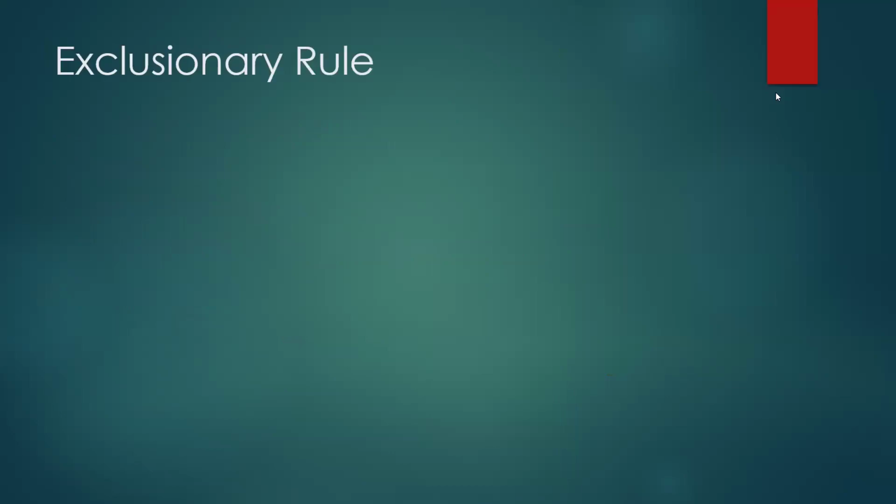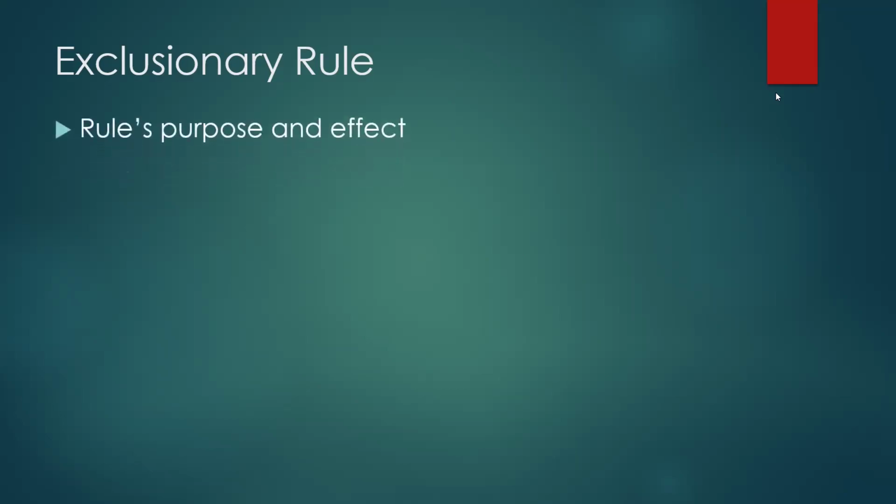We start out by talking a bit about the way we enforce the criminal due process protection. So we're starting out with the exclusionary rule. This is a judicially created way to police the police, to enforce the protections of criminal procedure law.